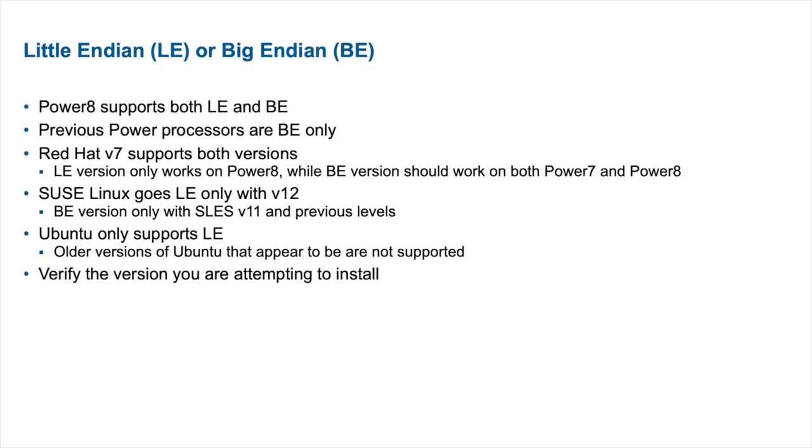Little Endian has become popular since IBM Power version 8. Other popular Linux distributions like SUSE Enterprise Linux and Ubuntu now release only Little Endian versions. So it doesn't hurt to check which version your installer uses before installing your operating system.